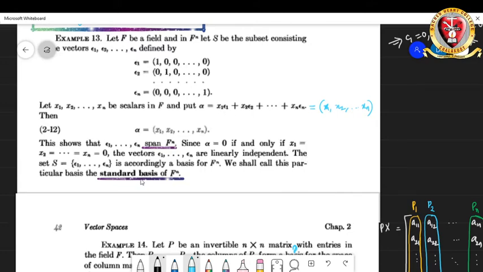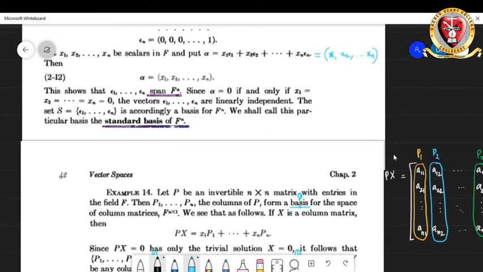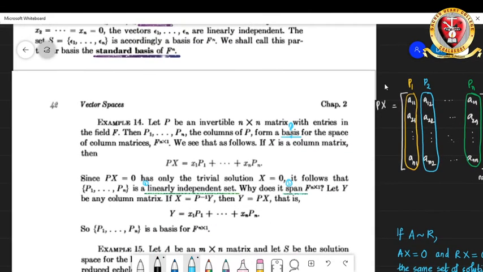So the set S is a basis for Fn because it is linearly independent as well as spanning the whole of Fn, forming all the vectors by their linear combinations, right? So we are calling this particular basis the standard basis of Fn. Fn is nothing but Rn, the usual Rn we are talking about.